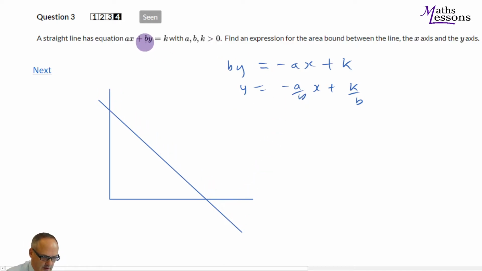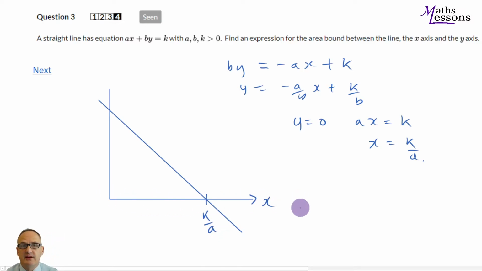Now if we have y equal to 0 in this expression, then ax must equal k. So x must equal k over a. Now k and a are positive, so that must be where we cross the x-axis, because y equals 0 all the way along the x-axis.